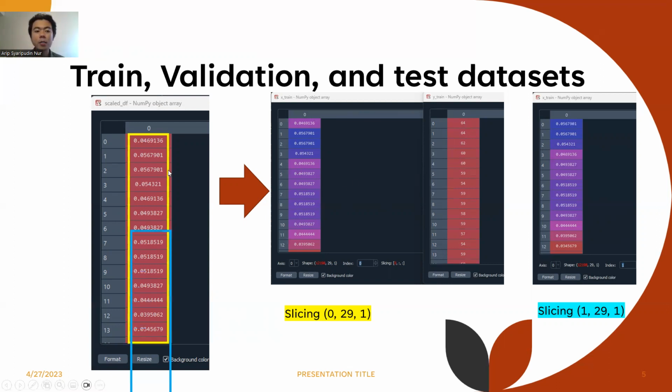So for the next slicing, we shift the period to the next day, until the next 30 days, and make the next slicing.